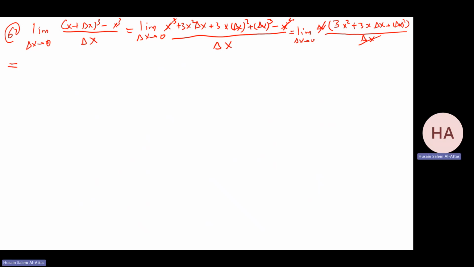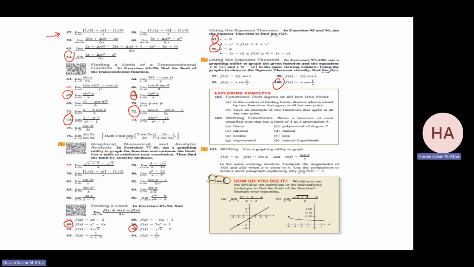And the answer is, as delta x goes to 0, this is 0 times x, which is 0. This is 0 squared, which is 0. So you're getting only 3x squared. Is equal to 3x squared. Save time, save place.